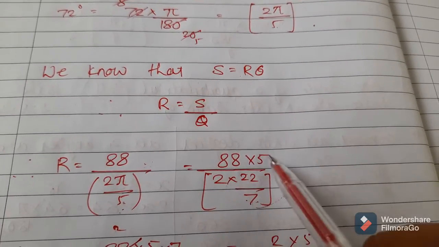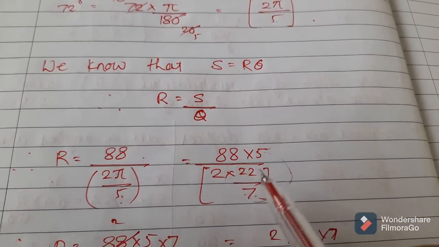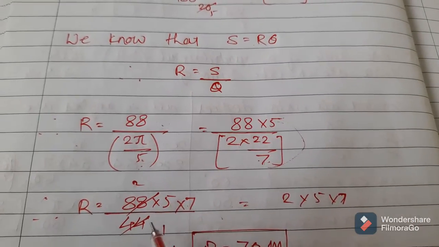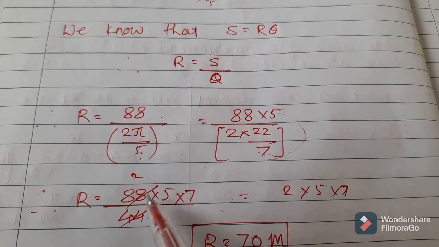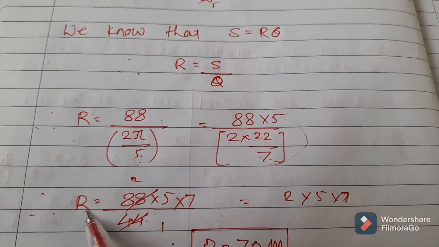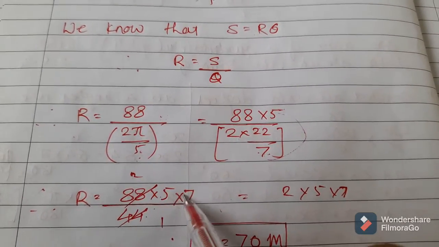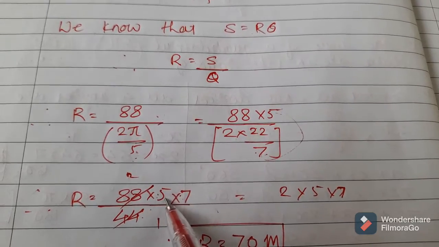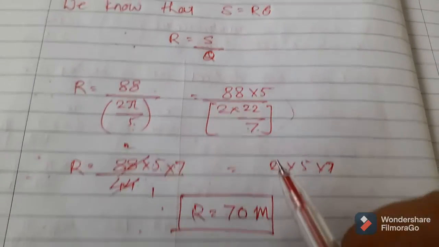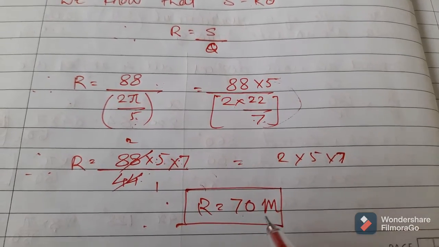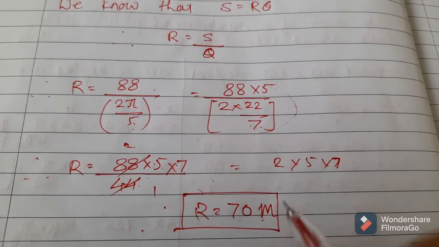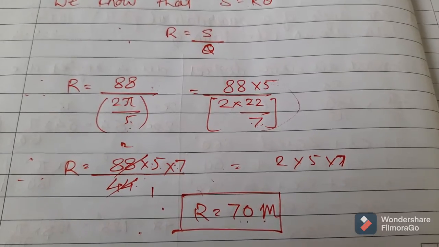Again this 7 will come to the numerator, and it will be 88 × 5 × 7 / (2 × 22), that is 44. So 44 ones are 44, 44 twos are 88. So r = 2 × 5 × 7. So 2 × 5, that is 10, 10 × 7, that is 70. So r = 70, that is the radius will be 70 meters, or the rope will be 70 meters.